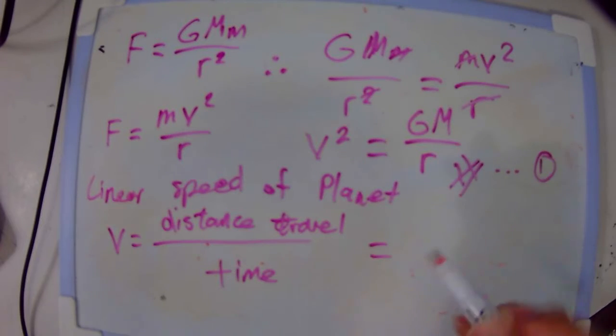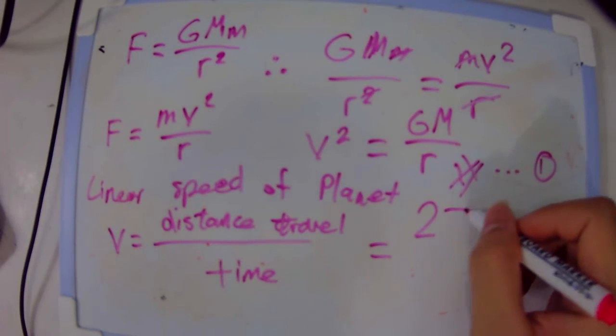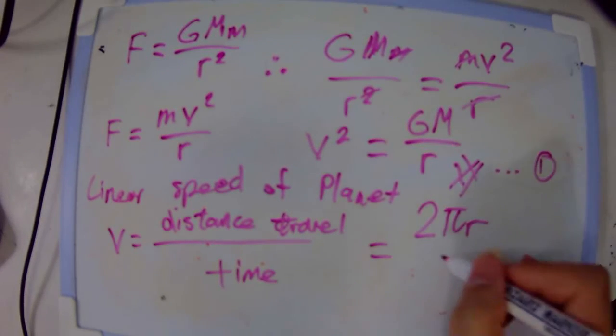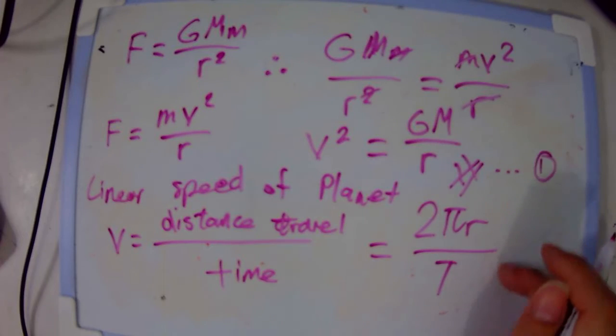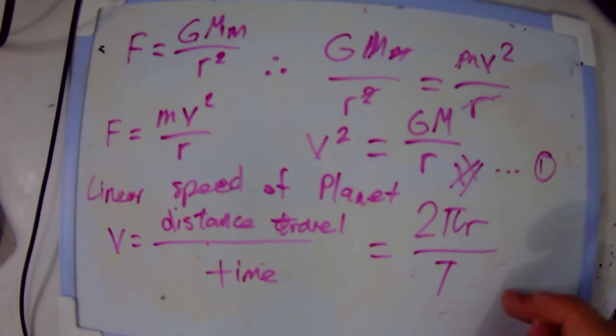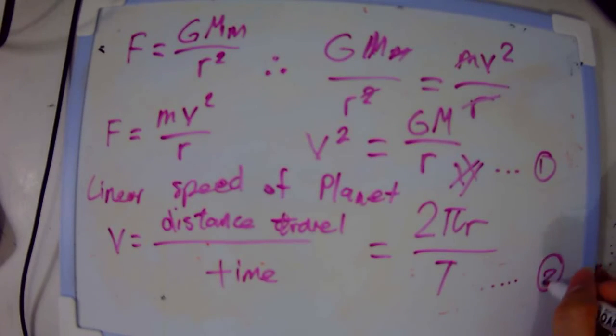In a circle, what's the distance traveled? Since it's a circle, we use the formula for a circle, 2πr. Time we don't know, but we'll use T for the orbital period. So now we have these two formulas to use in this equation. We will use this as number 2.